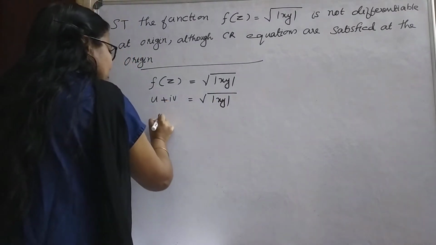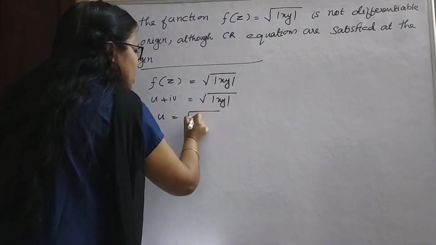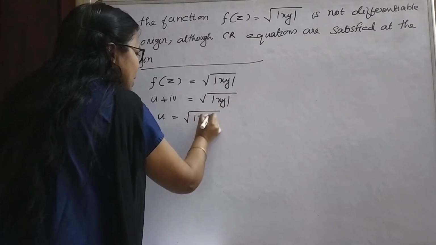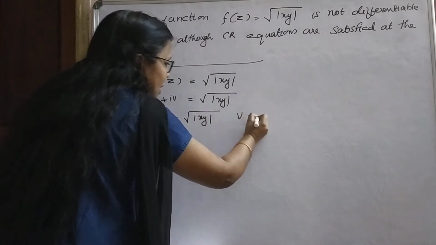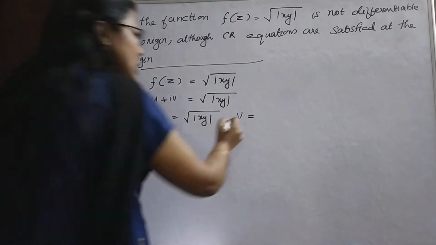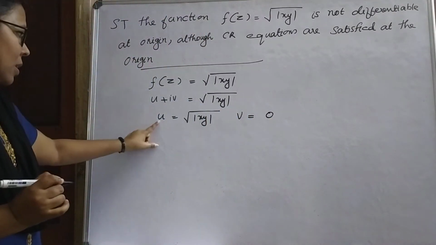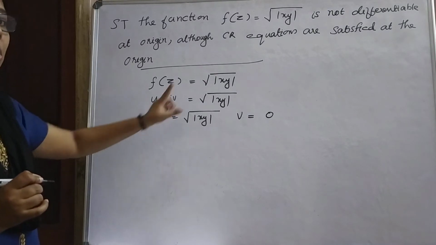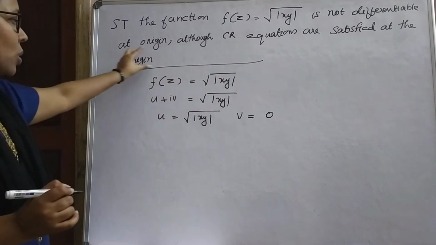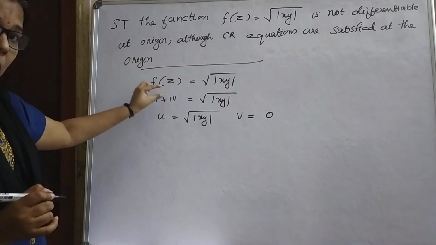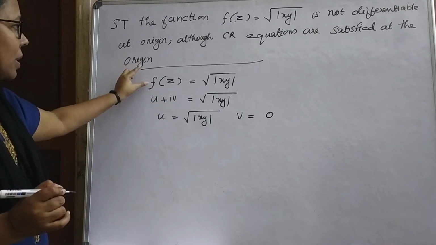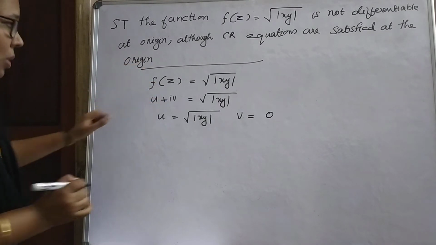Here u is the real part which is equal to root mod xy. Also v is the imaginary part which is equal to 0. Now we have to find dou u by dou x at 0, 0, that is at origin, and also dou u by dou y at 0, 0.